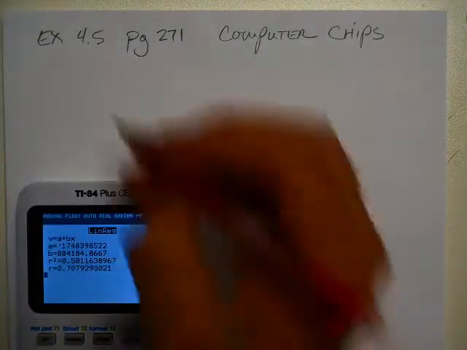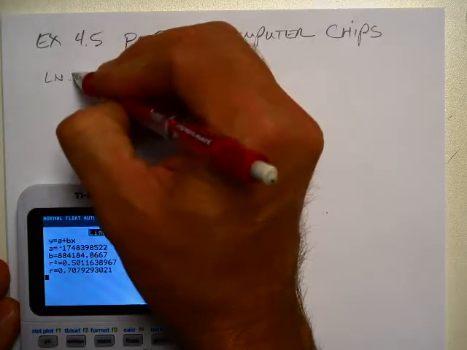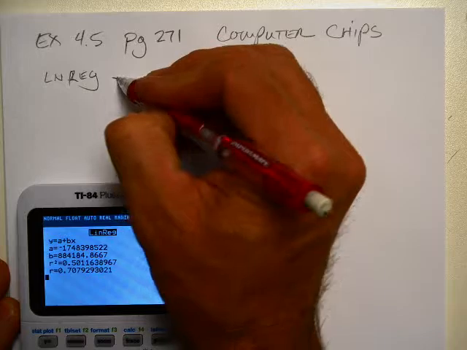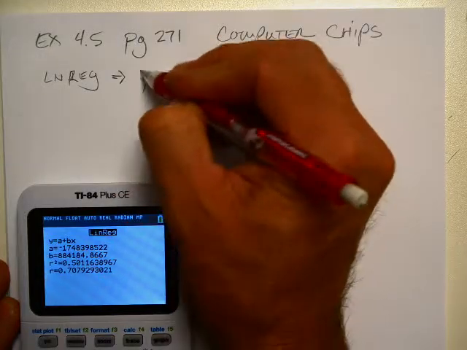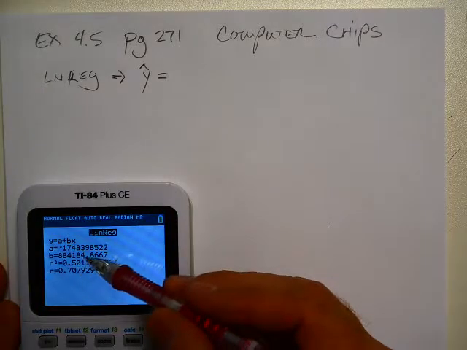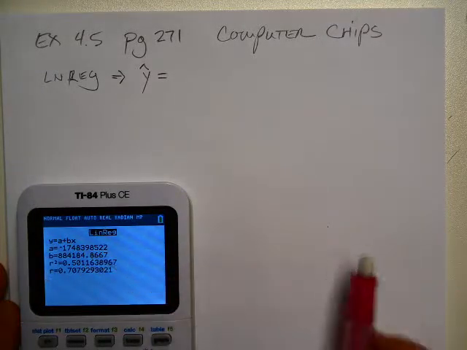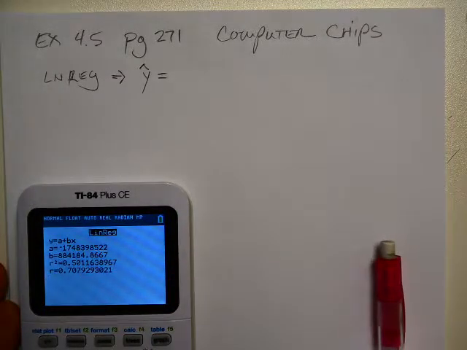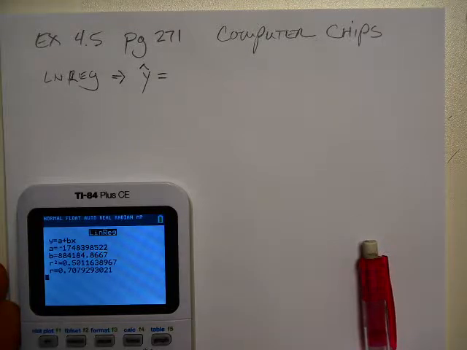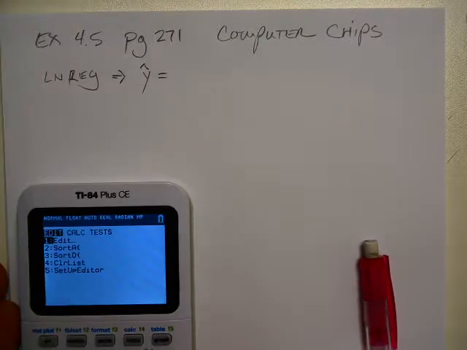So my line of regression is y hat equals, wait a minute, this is weird. I need to look at my data real quick, because my notes don't match.